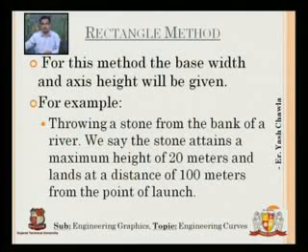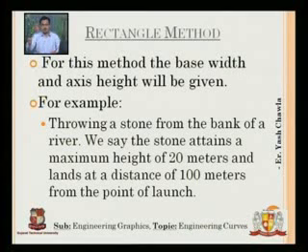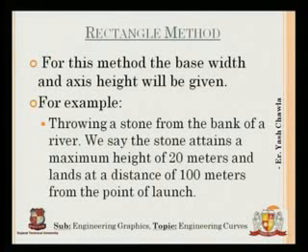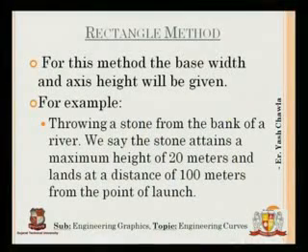Then it descends and finally lands. The path of the projectile is the parabola curve, and the top that is achieved is the maximum height. From there the descent occurs, and finally I have the point where my stone lands.